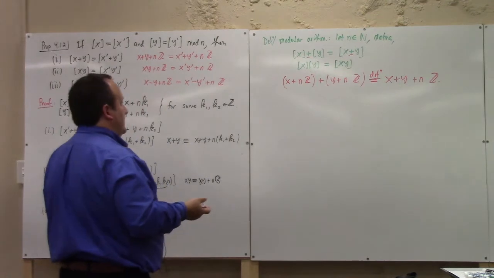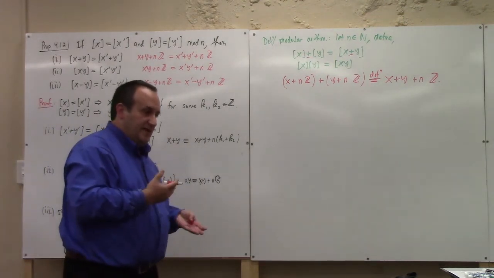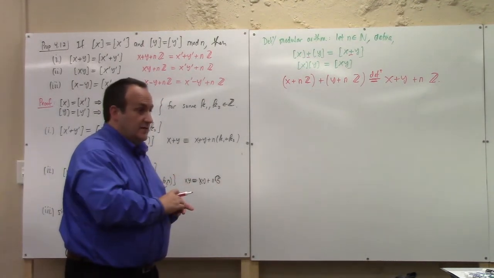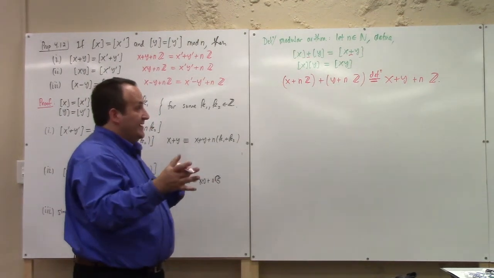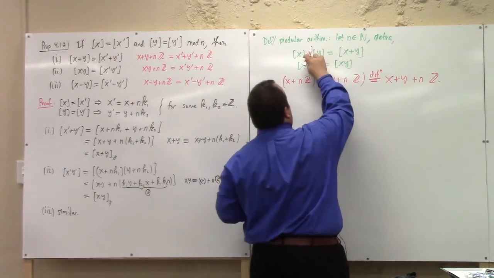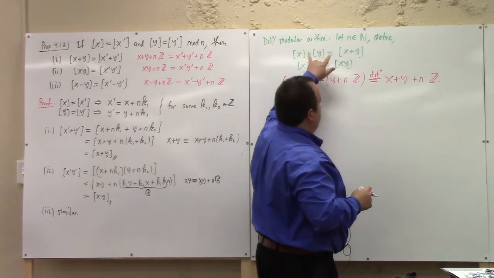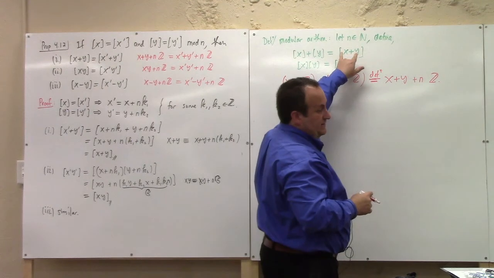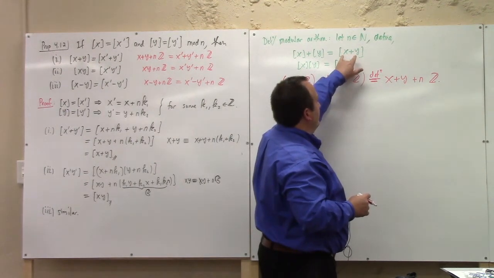Now the thing you have to worry about here is whenever you make a definition that's based on a representative of an equivalence class, the question is, is it well defined? Is it a function actually? If taking different representatives, x' and y', gave us a different [x' plus y'] that wasn't equal to [x plus y], then it wouldn't be single valued.